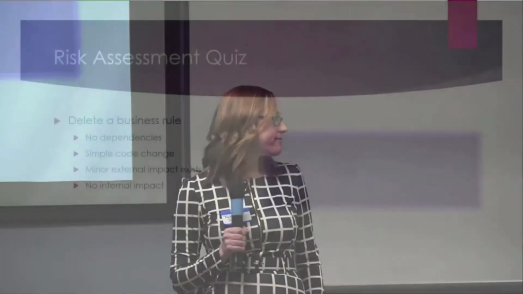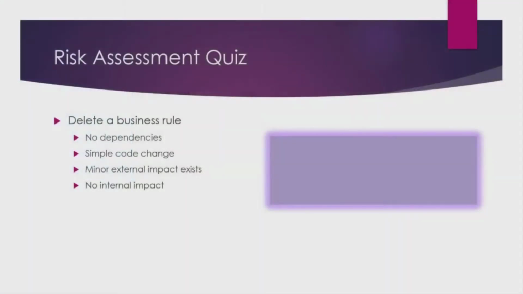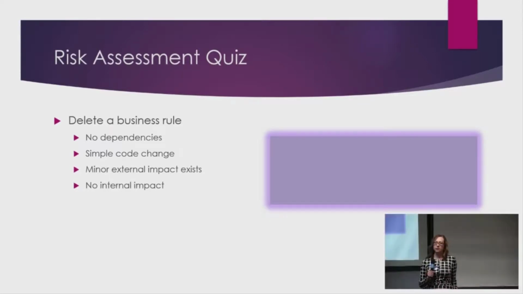I just have 2 little examples that I call a quiz, just to see how we did. The first example is to delete a business rule. It doesn't have any dependencies on it, so we talked to the developers. Does it relate to any other rules? Does it relate to another function in the system? And it's just a simple code change, a low, minor issue.